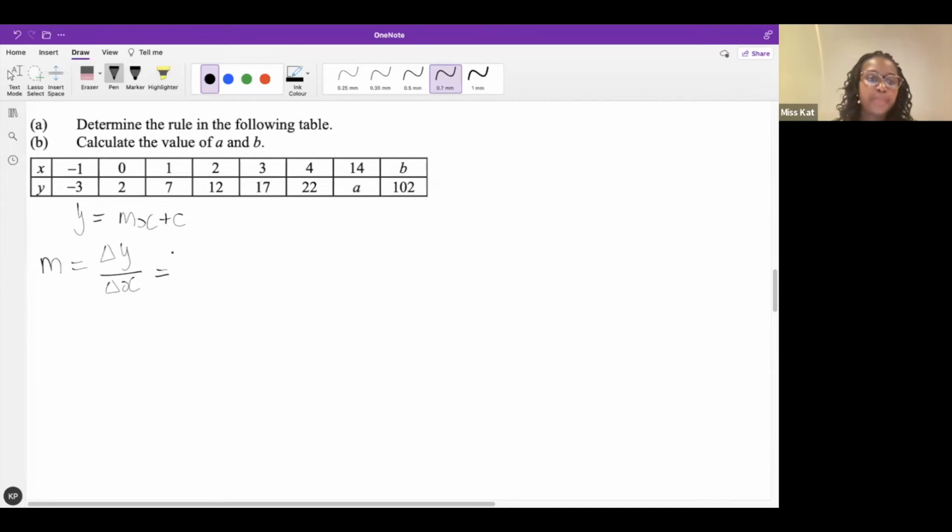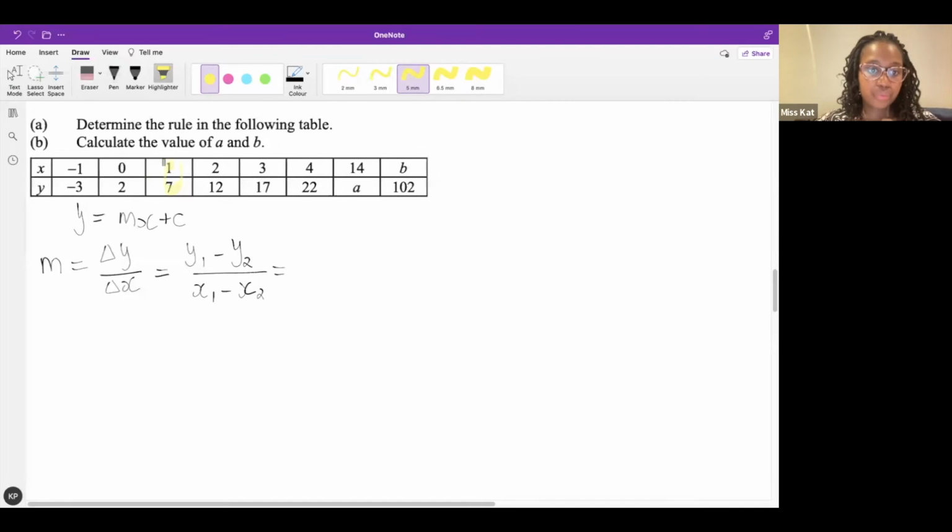And that will be y1 minus y2 over x1 minus x2. Which one are you choosing to be y1? We're going to use these coordinates.